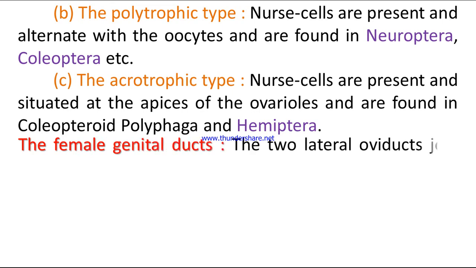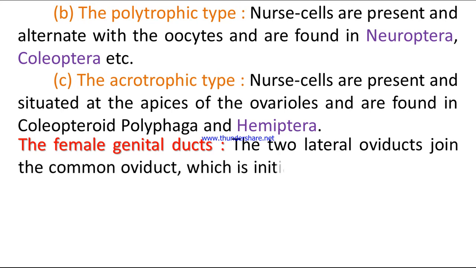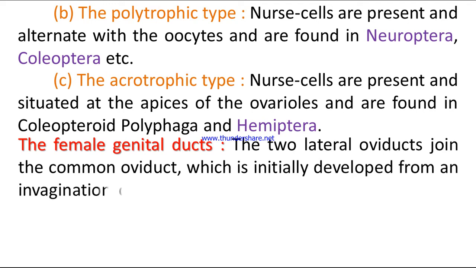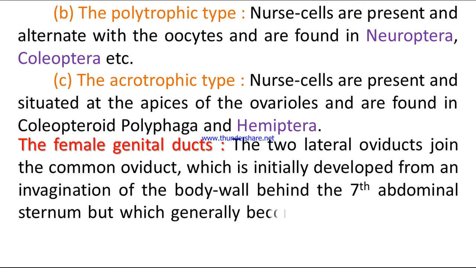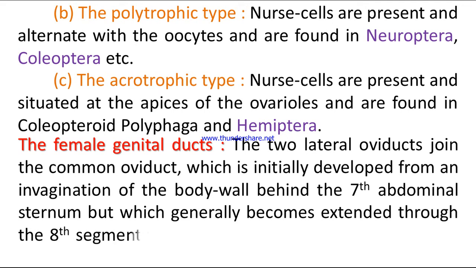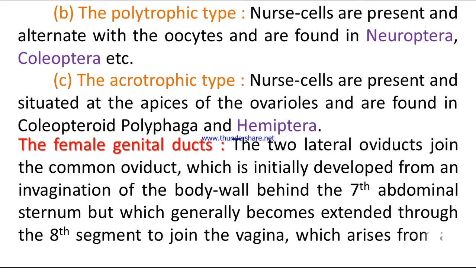The two lateral oviducts join the common oviduct, which is initially developed from an invagination of the body wall behind the seventh abdominal sternum, but which generally becomes extended through the eighth segment to join the vagina, which arises from an infolding behind segment 8.